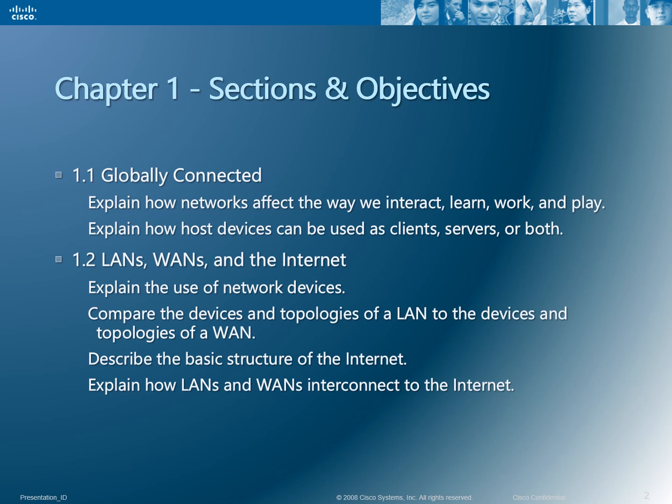We'll talk about the devices and topologies of a LAN, or local area network, in comparison to the devices and topologies of a WAN, or wide area network, and there will be a couple of other network types we discuss later in the semester. We're going to look at the basic structure of the Internet, and I'm talking Crayola 8 color basic. We're not going into any kind of depth on that because that is a much more advanced class. And then we'll talk about how LANs and WANs interconnect to form the Internet as a whole.